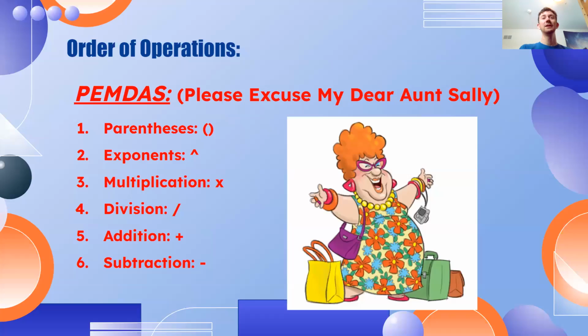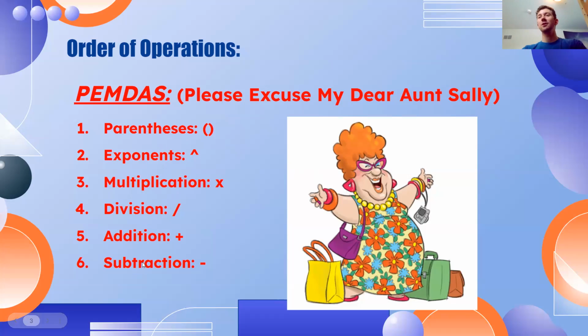Thankfully, we have order of operations right here given for us. And they are abbreviated to PEMDAS, which stands for parentheses, is going to be the first step. The second step is going to be exponents. The third step, multiplication. Fourth, division. Fifth, addition. And sixth, subtraction.